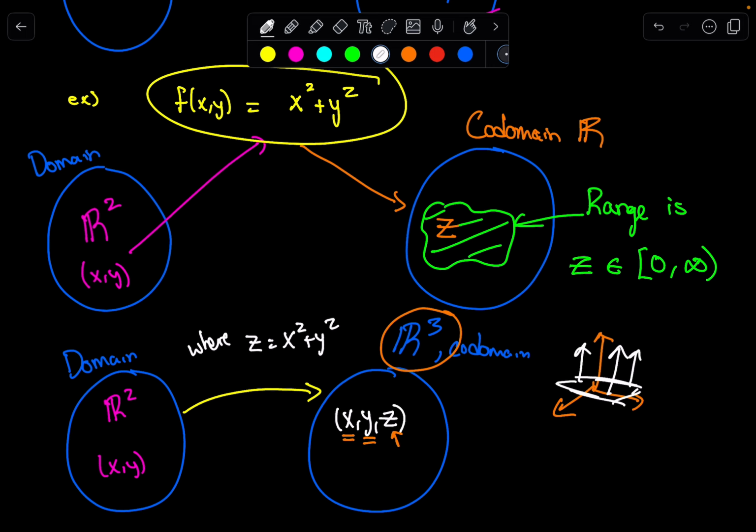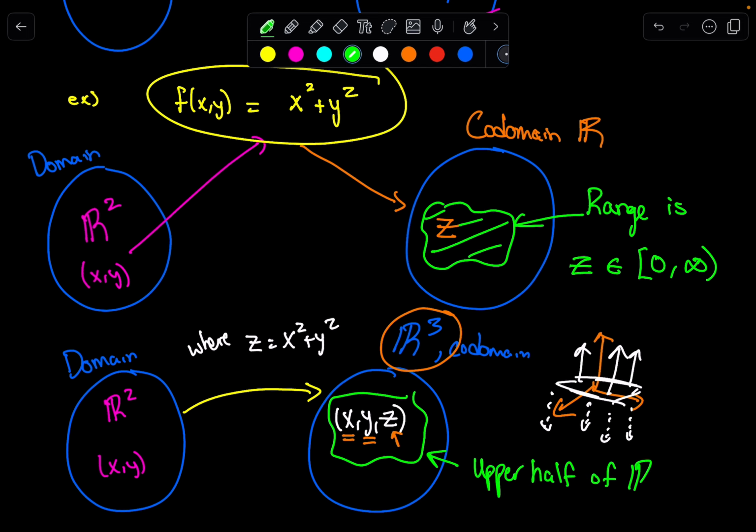It's like all this space. And all the space under it is outside of our range. So our codomain would be all of R3, that's where our possible outputs live. But the range here is still smaller, and it's like the upper half of R3, if you want to be loose with it.